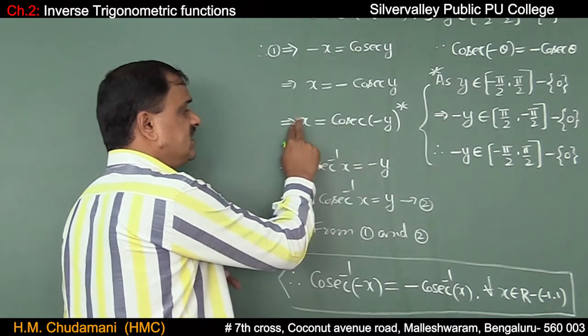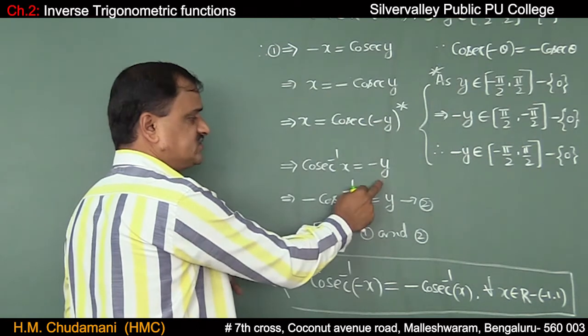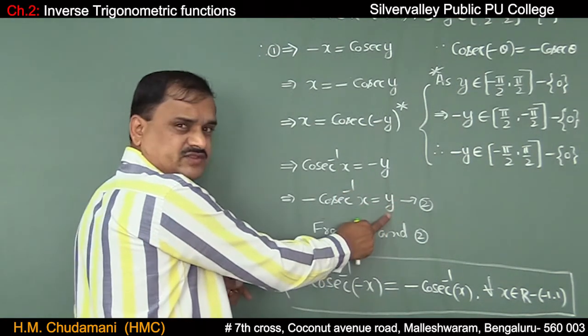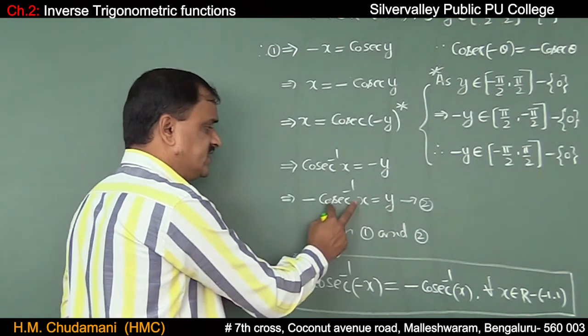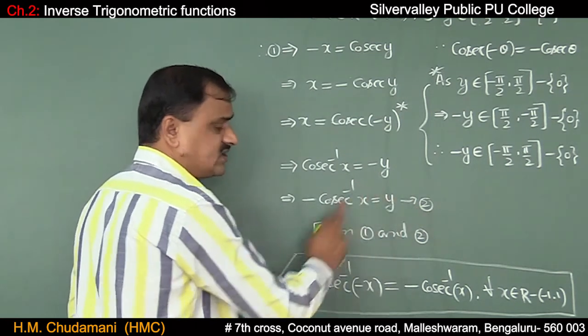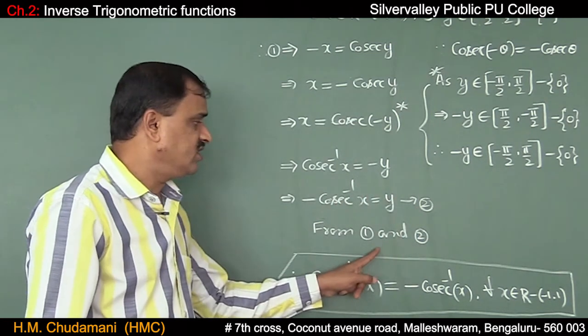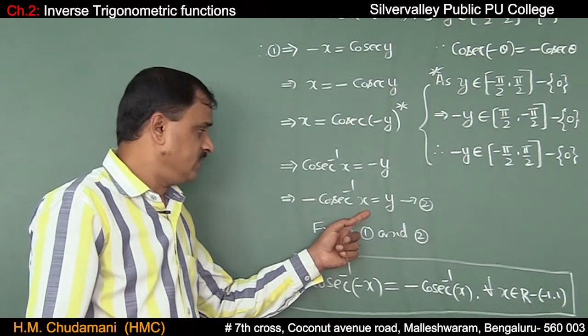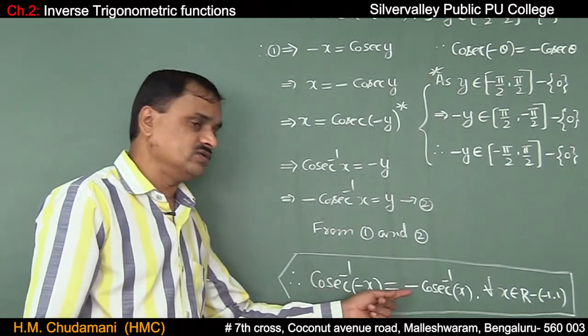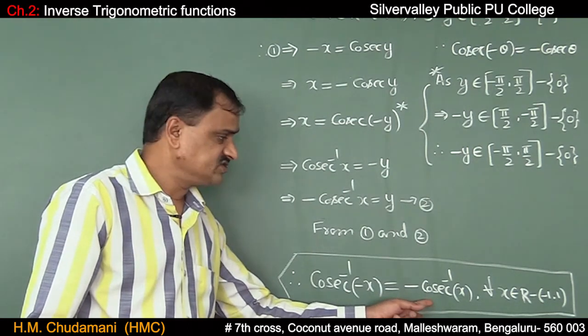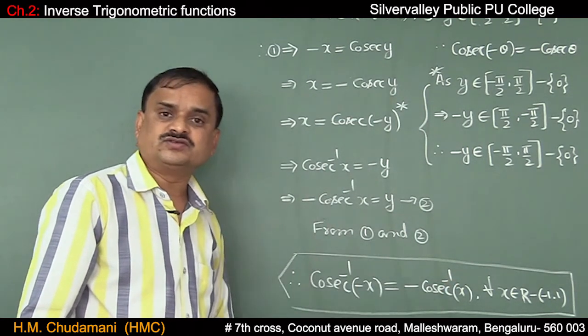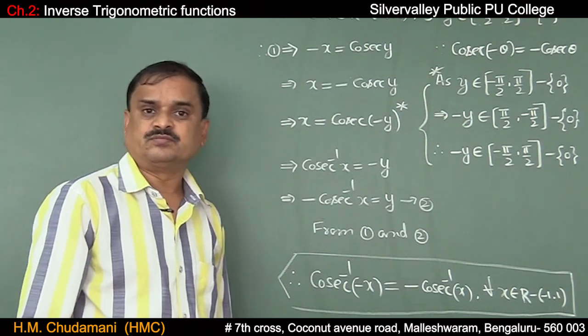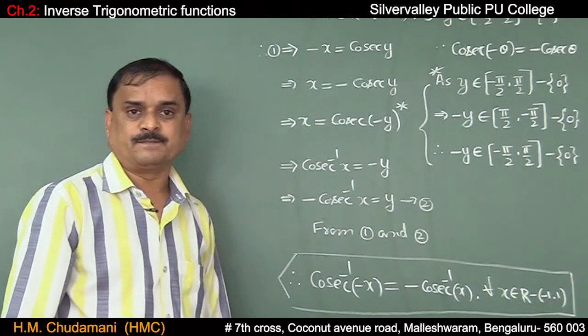So cosecant inverse of minus x is equal to minus y. Multiplying with minus, y is equal to minus cosecant inverse x. Call it equation 2. From 1 and 2, this is y, equation 1 is also y only. Cosecant inverse of minus x equals minus cosecant inverse x for all x belongs to the real numbers except minus 1 comma plus 1. Okay.